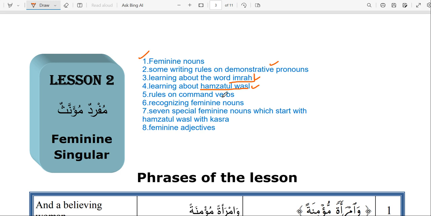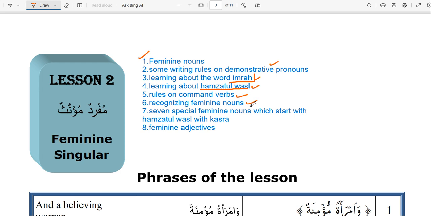And the rules on command words, this is very important, and we will do this in this lesson. And how do you recognize the feminine nouns? I will give you details on how to recognize the feminine nouns in this lesson. They have given only one sign, but I will give you one or two more.